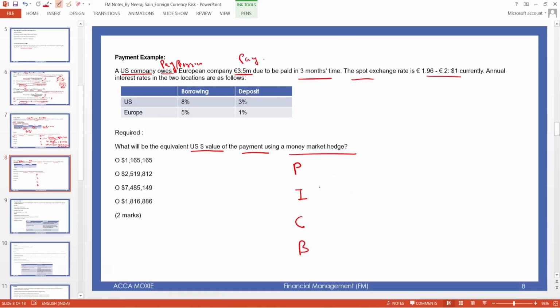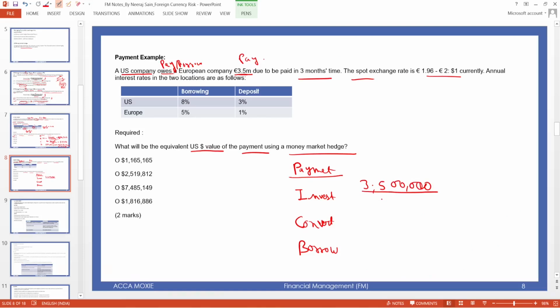So this is the payment: invest, convert, borrow. Now we have to do the opposite of the receipt. Right now, how much? 3.5 million.